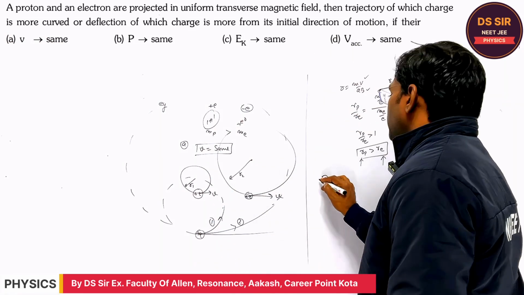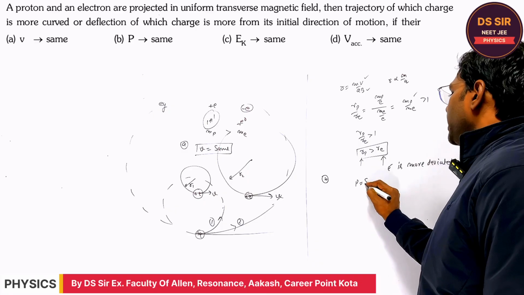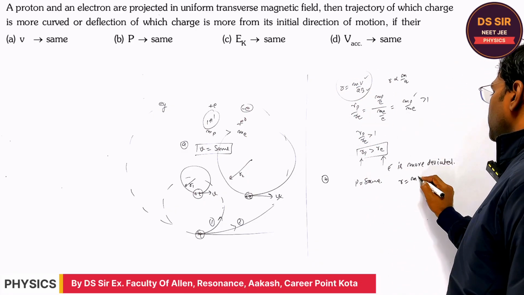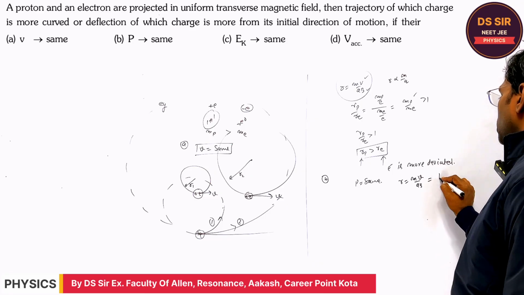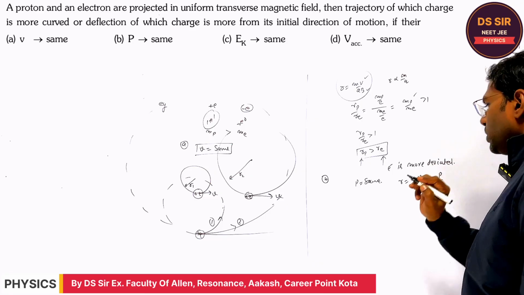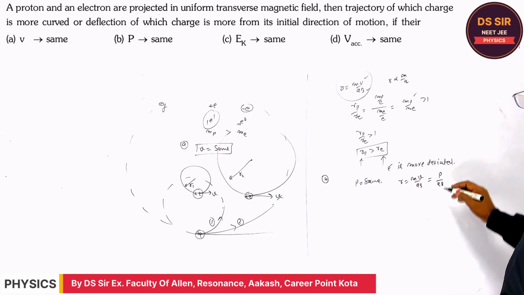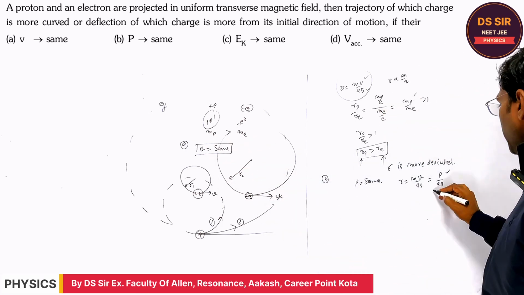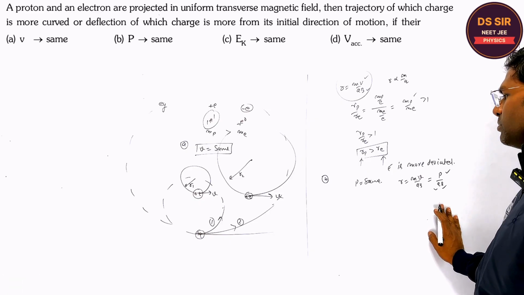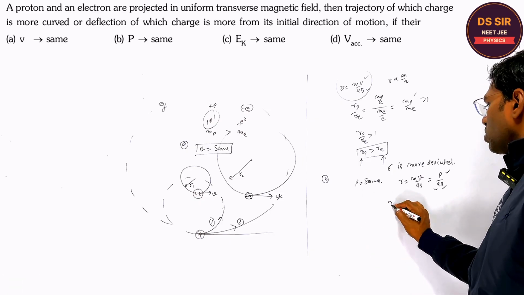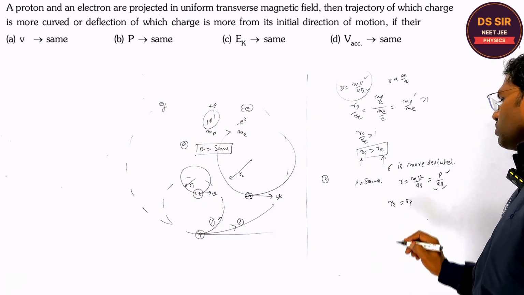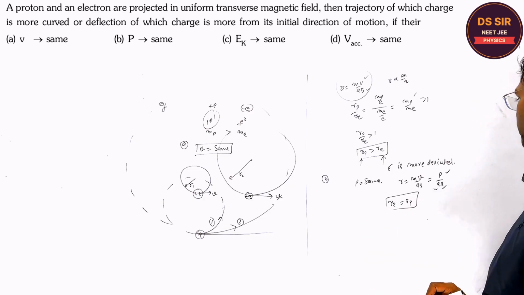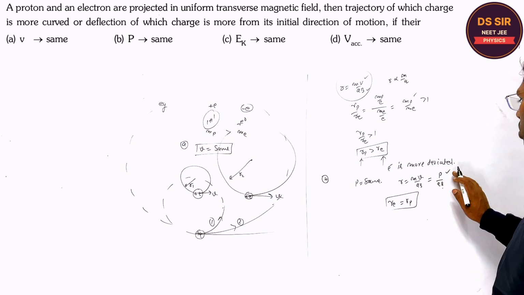So in the B part, momentum is the same. So the radius depends upon mv upon qB, so p upon q into B. Are you getting or not? Momentum is the same. Listen, the charge on each particle is the same in magnitude and the magnetic field is the same. So whether it is an electron or a proton, the radius of electron and proton are both the same.